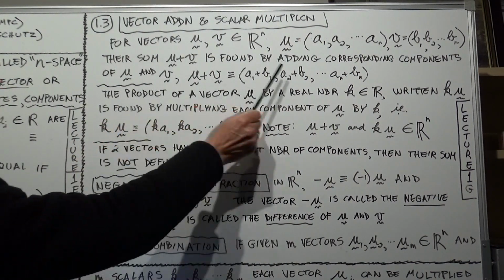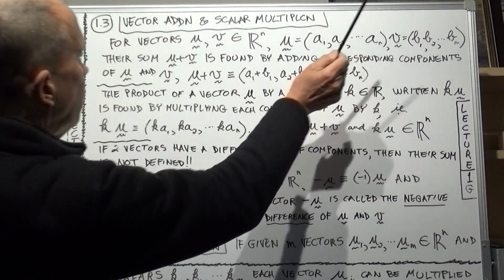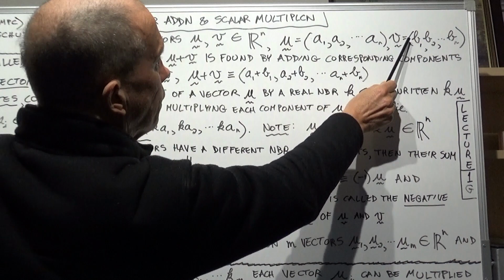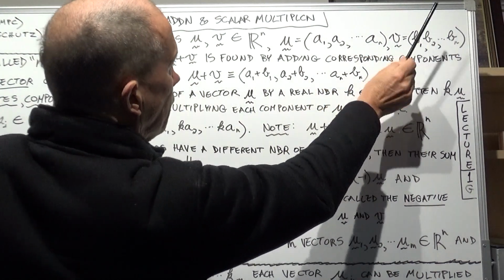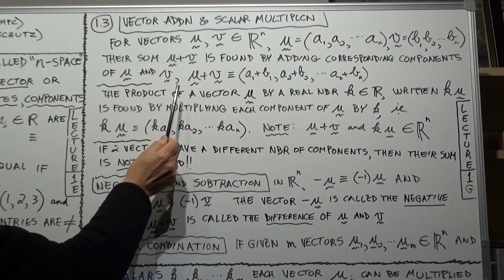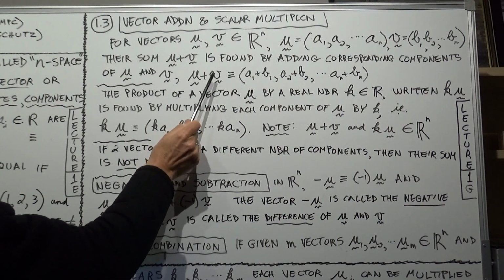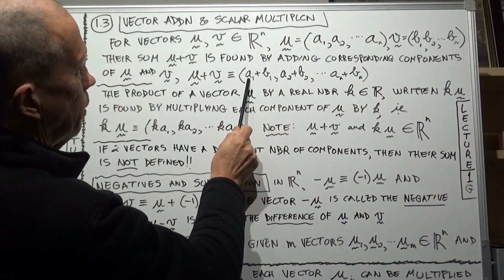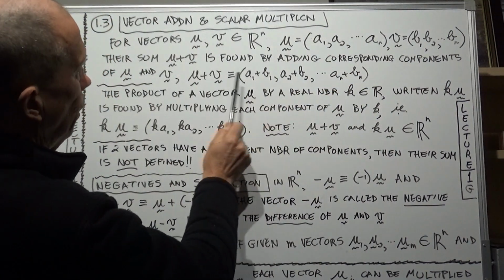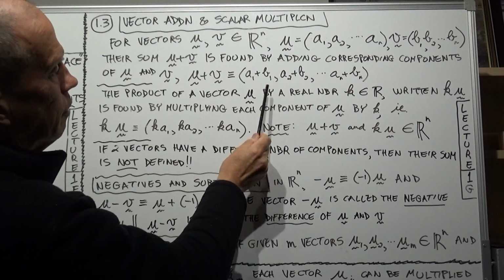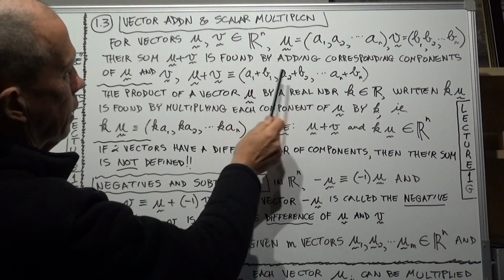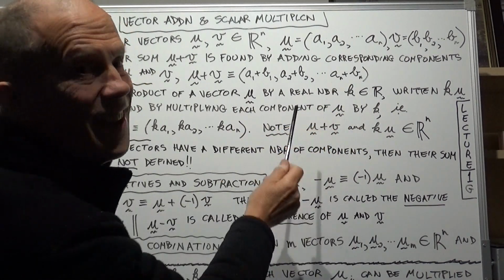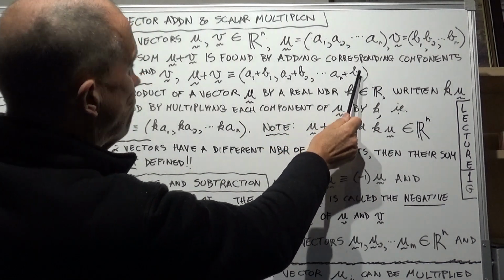To sum them, you're adding u plus v. Remember, you just add the corresponding components. So the first component of this sum vector will be a1 plus b1, the second component will be a2 plus b2, and the nth component will be an plus bn.